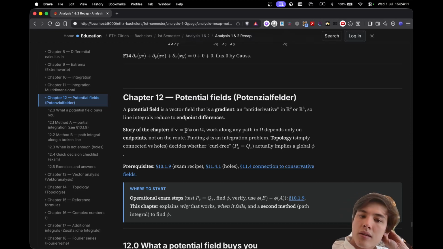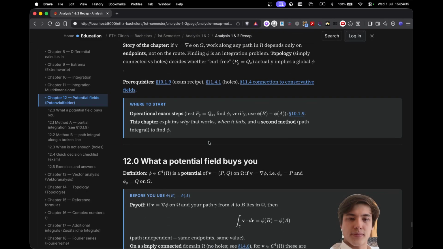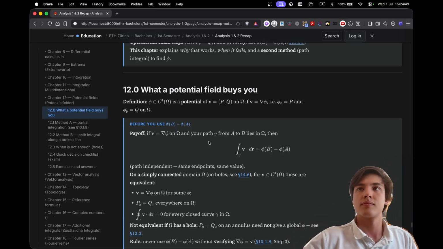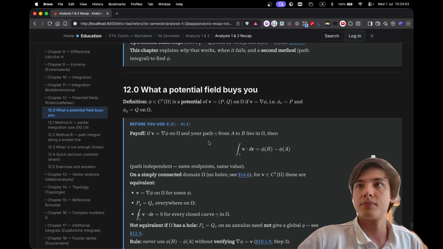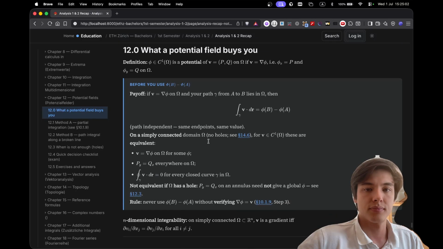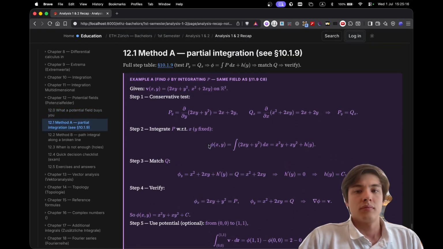So if V is this, then the work along any path depends only on the endpoints.